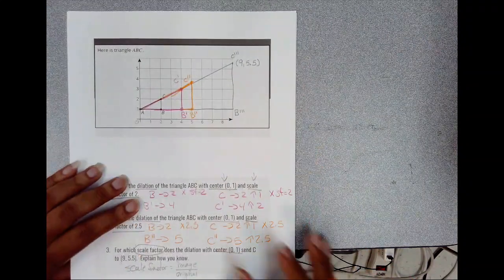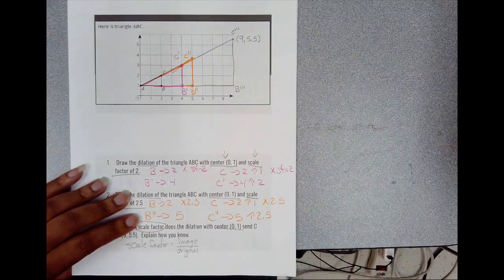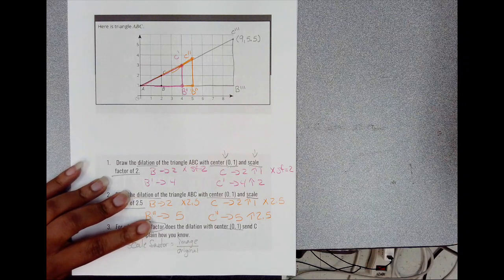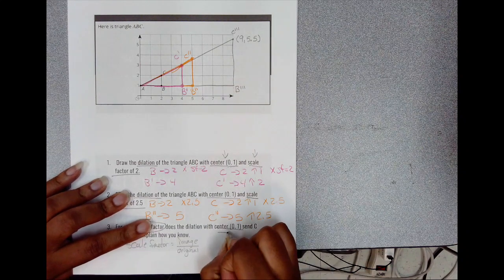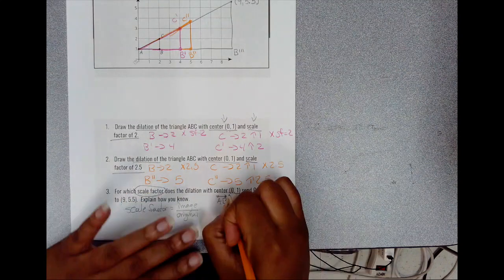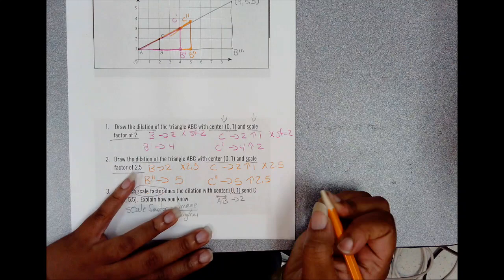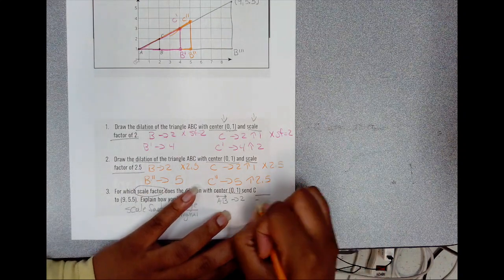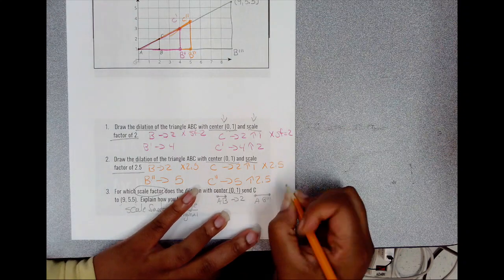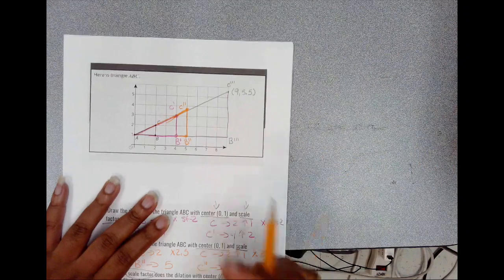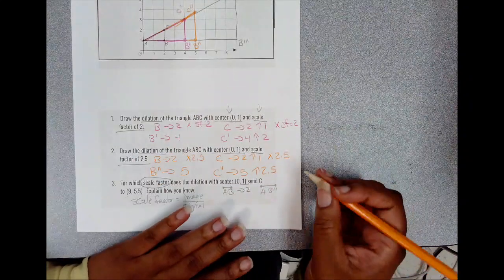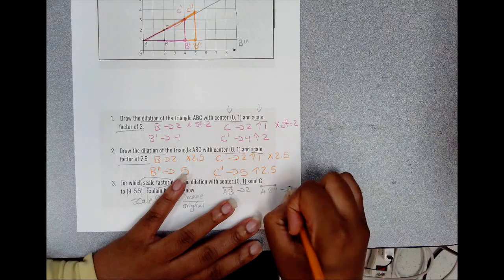So if we look here, AB is 2 away. So segment AB is to the right 2. Segment AB double prime, which is the length of the triangle, sorry, is a total of 9 away.